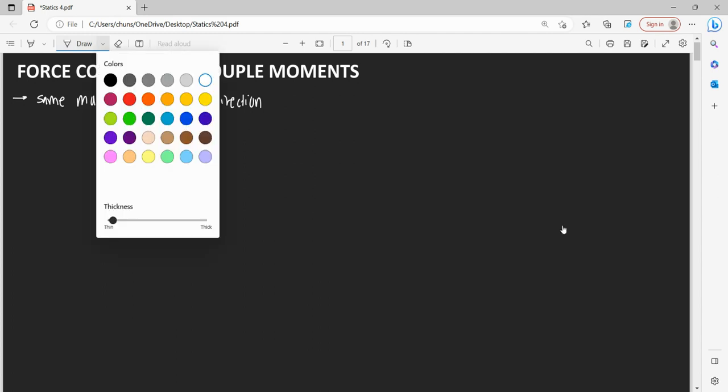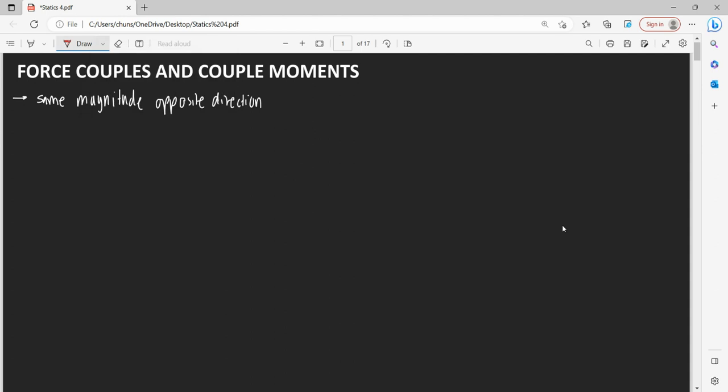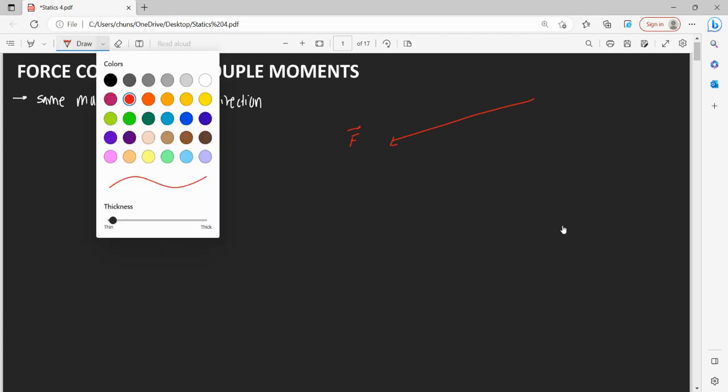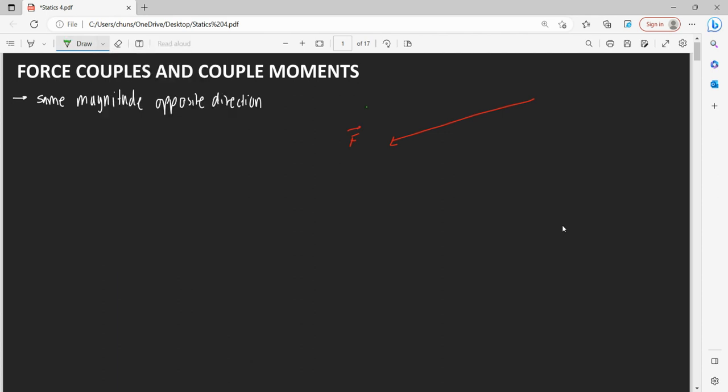And this is what we call our force couples. So if I were to draw an example, if I had this force here and this force here, since it's pointing in the negative direction, or the direction that's opposite to the first one we established, we would call this negative F. Both are the same magnitude.